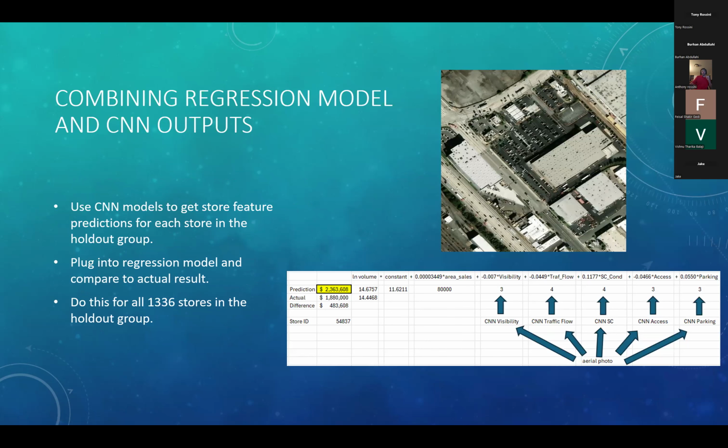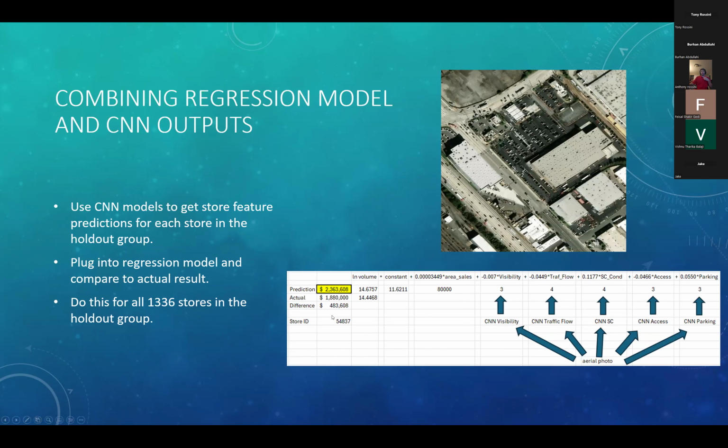And then, yeah, so at this point, now we have all the CNN models trained, and we use them on the holdout data to get a prediction of those store features for that holdout group.